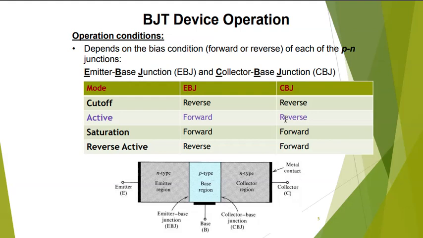But in the saturation mode, the emitter-base junction is forward biased and the collector-base junction is also forward biased. It might not make so much sense to you, which I totally understand. I'm going to explain what I mean exactly.